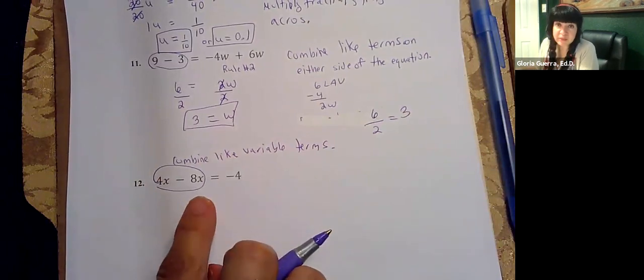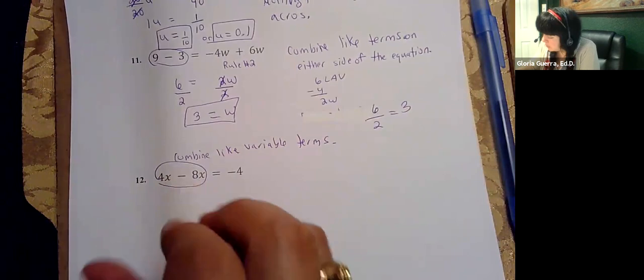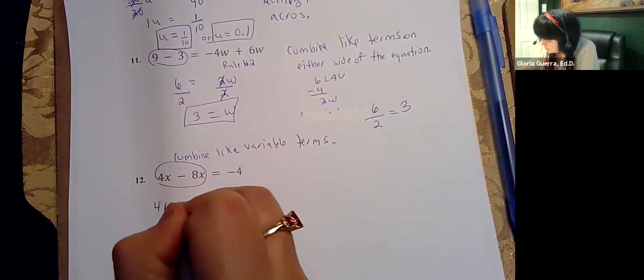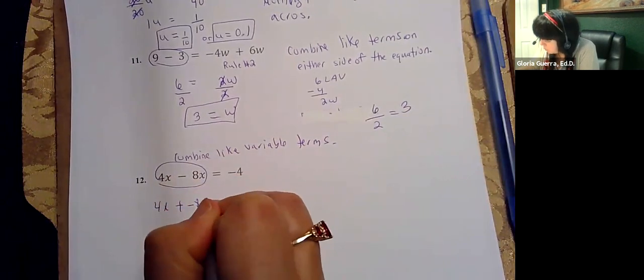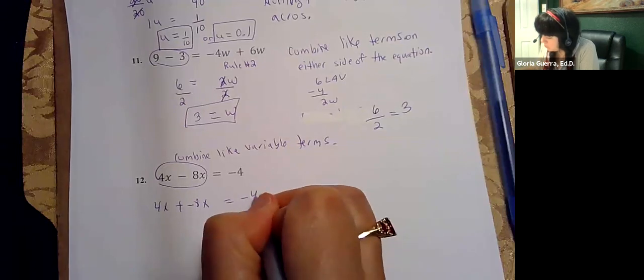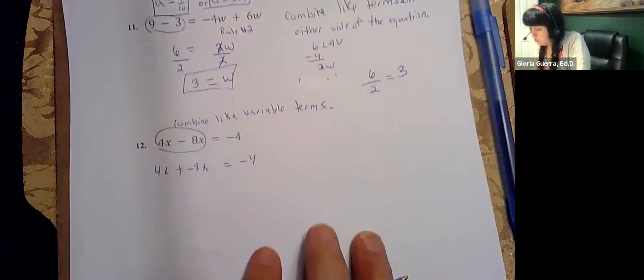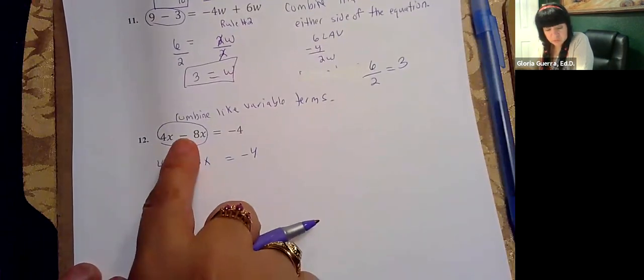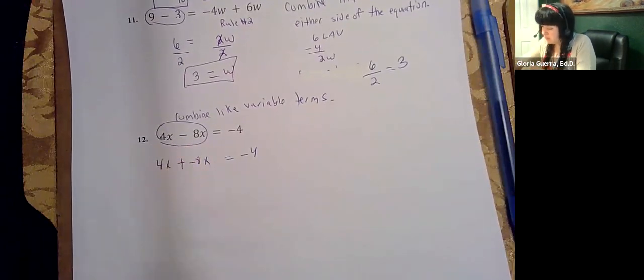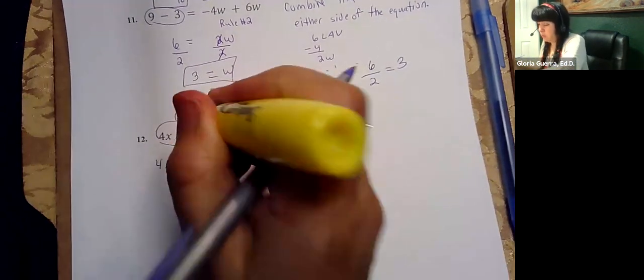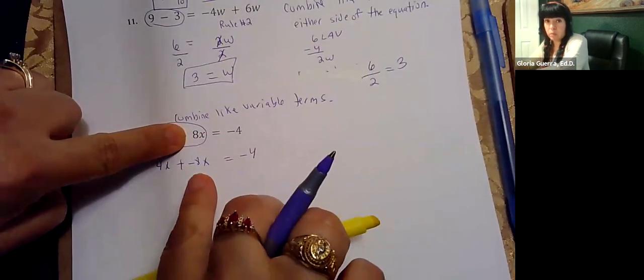This is 4x minus 8x. It's like adding the opposite: 4x plus negative 8x. That's row number 2. See, I changed that subtraction to a plus sign, and I took the opposite of 8 and made it negative 8.